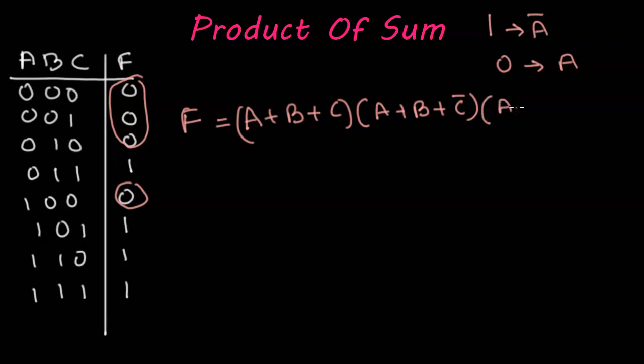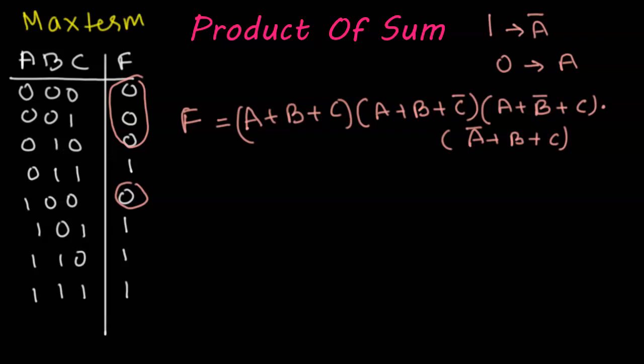Then next term is A plus B bar plus C ANDed with the last term, which is my A bar plus B plus C. So note how A plus B plus C, the product of the sum. So we have a sum and it's all ANDed together, so it's a product of sum. Each term over here, as in the sum of product, is called the max term.